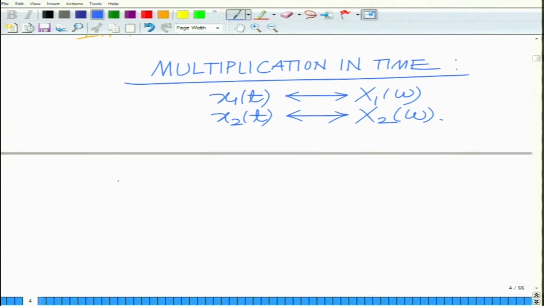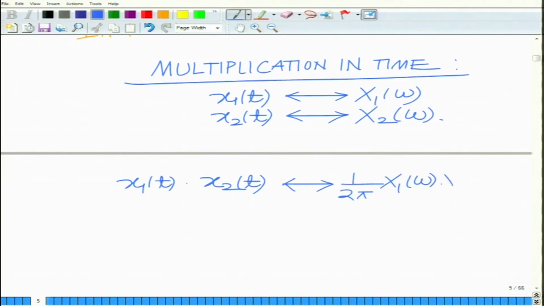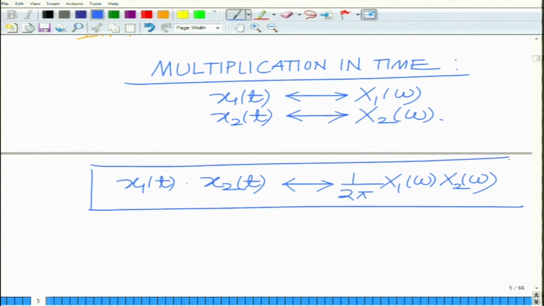Then x1 t times x2 t, the multiplication of these two signals, has the Fourier transform 1 over 2 pi times X1 omega convolved with X2 omega.